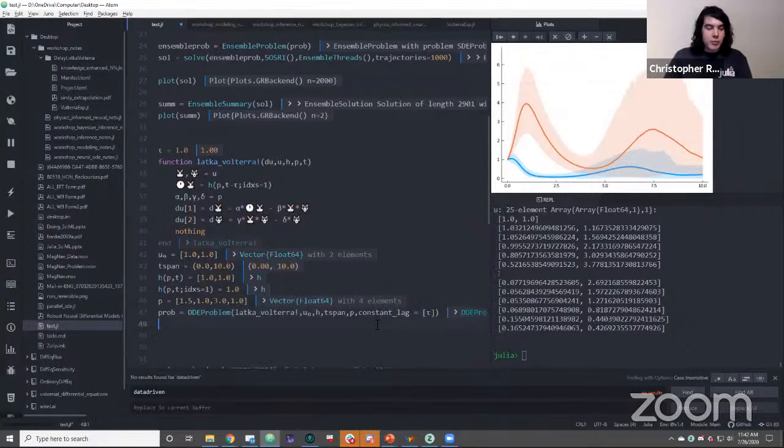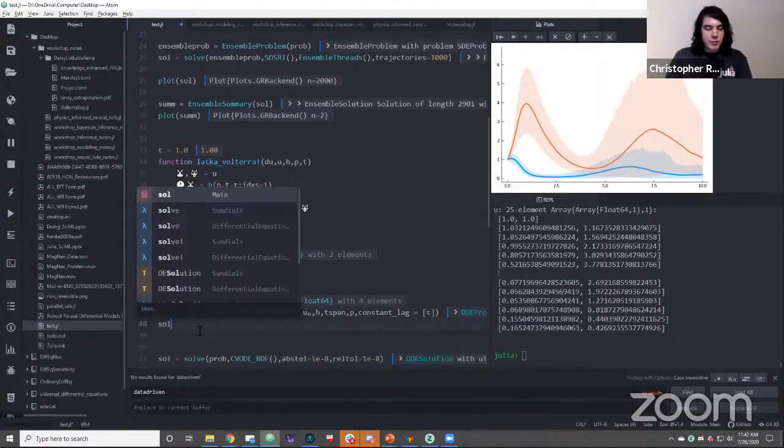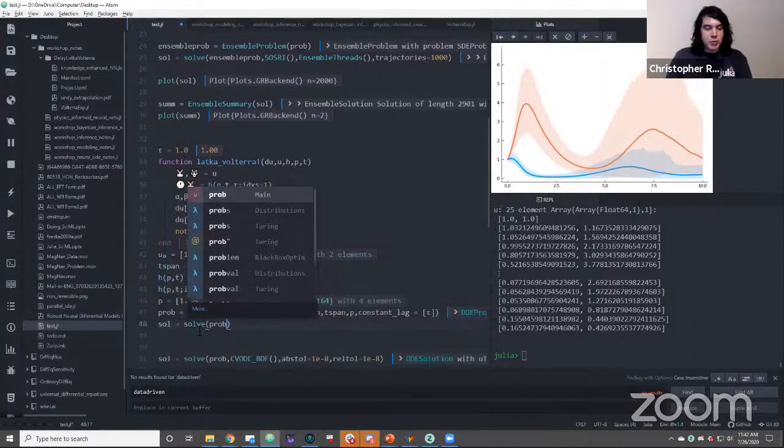Now I have a DDE problem. This is now a differential equation that is encoding this idea that the amount of change happening right now is dependent on the past. And then I can solve this problem. So solution could solve the problem.